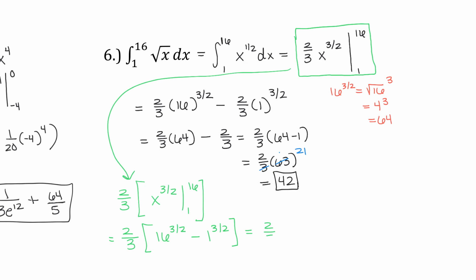So I'd have 2/3, 16 to the 3/2 is 64, minus 1 to the 3/2 is 1. So notice you end up right here. I don't think it's that big of a deal for this example, but it could be depending on what that constant is. So you can certainly pull out the constant and factor it back in later.